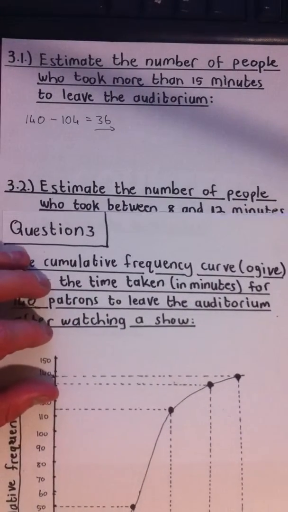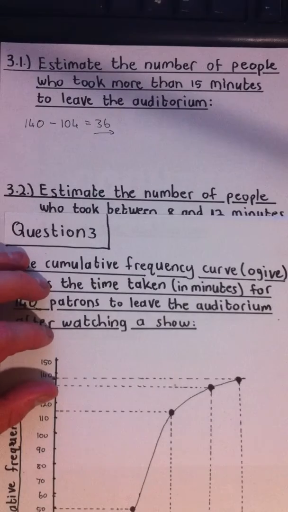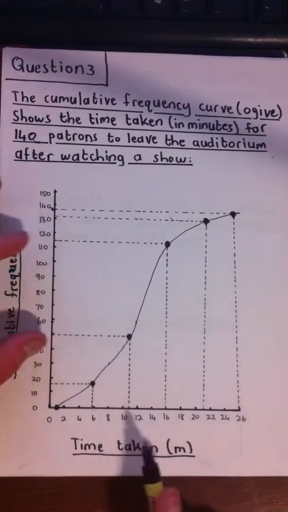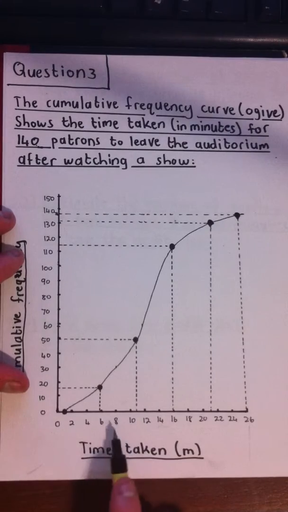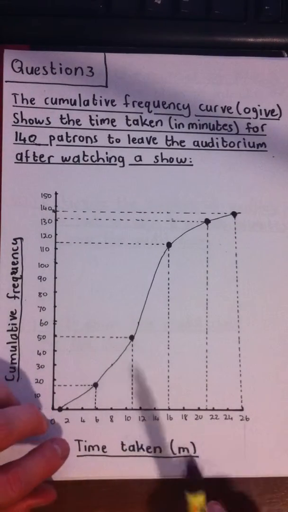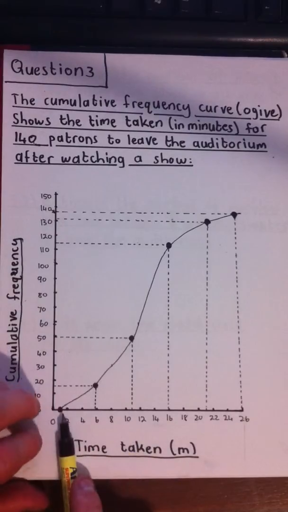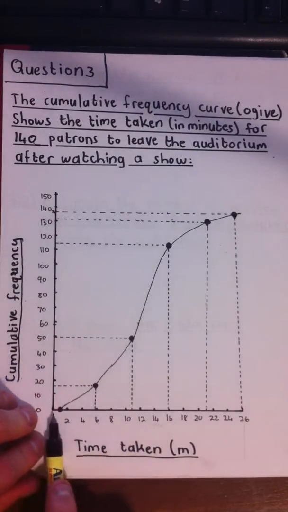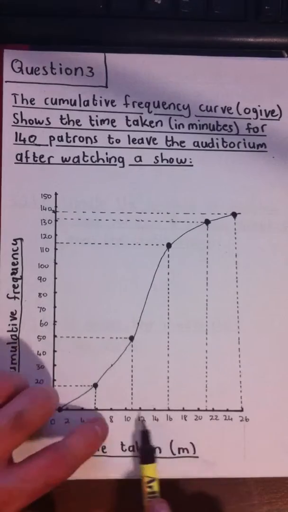Now we need to see how many people took less than 12 minutes but more than 8 minutes. So it will be the people that took less than 12 minutes minus the people that took less than 8 minutes. That will give us this section here between 8 and 12.